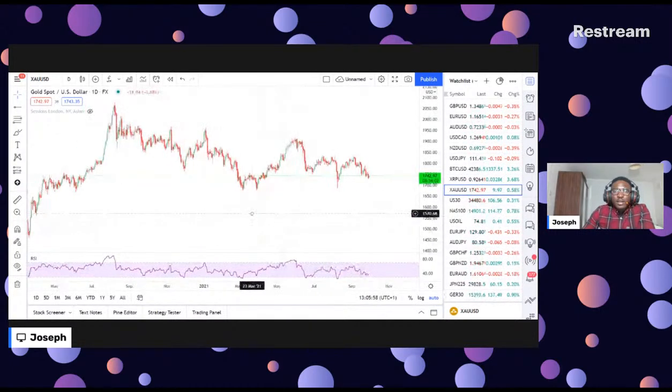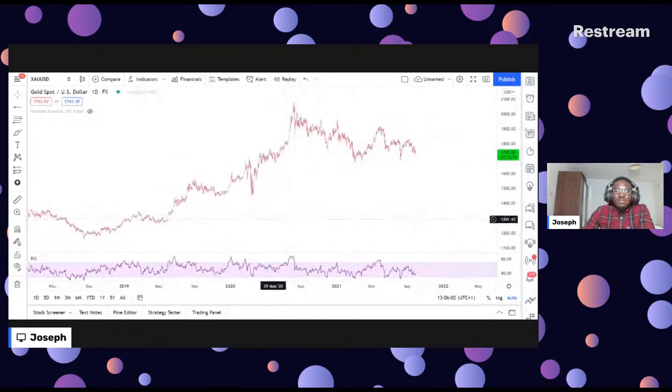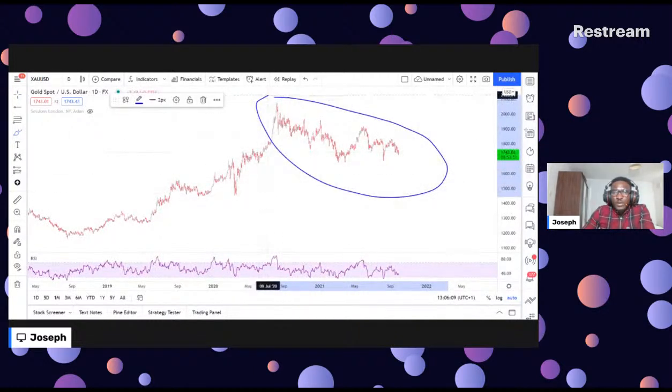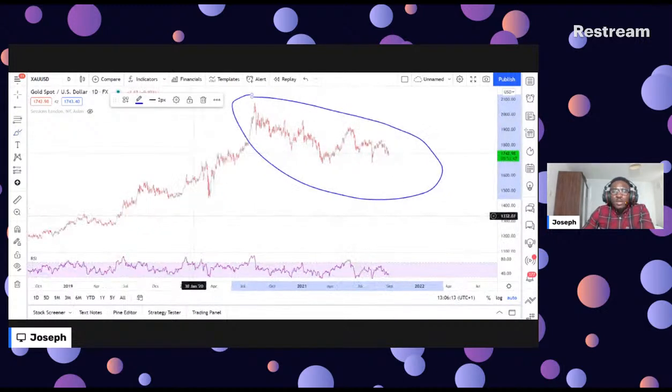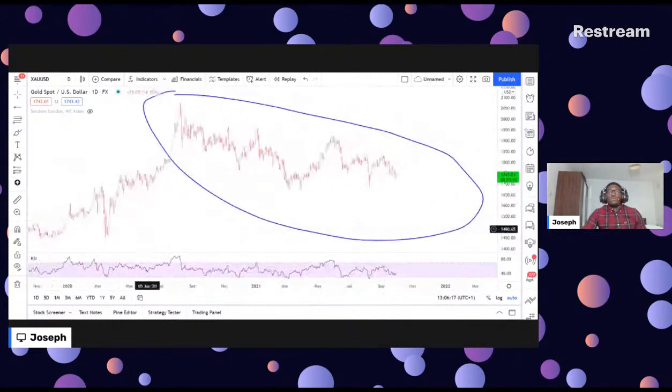But let me just have a look at gold. Like I said, gold is another chart that is bullish, and this is just giving you a huge, massive correction here. And as I've told you guys, these corrective patterns last a lot longer than the impulsive moves.